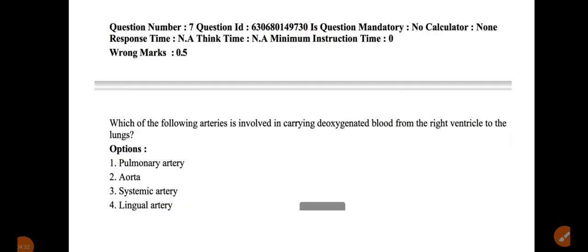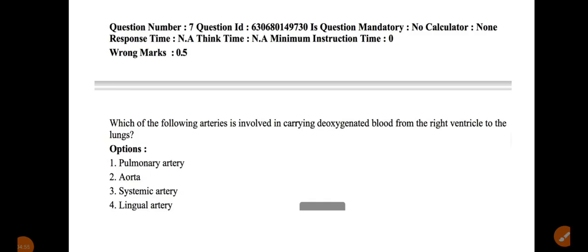The next one: which of the following arteries is involved in carrying deoxygenated blood from the right ventricle to the lungs? So what are the options? Pulmonary artery, aorta, that is the systemic artery, and the lingual artery. So there is deoxygenated blood going from the right ventricle to the lungs.